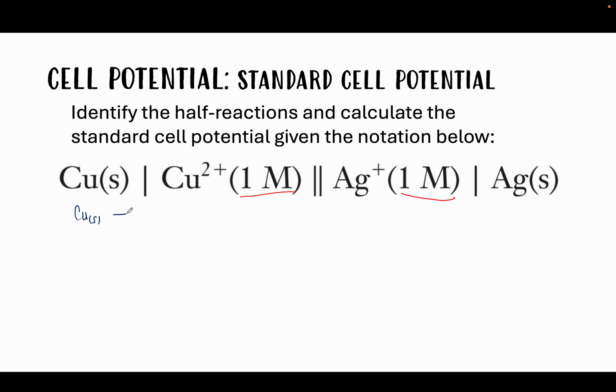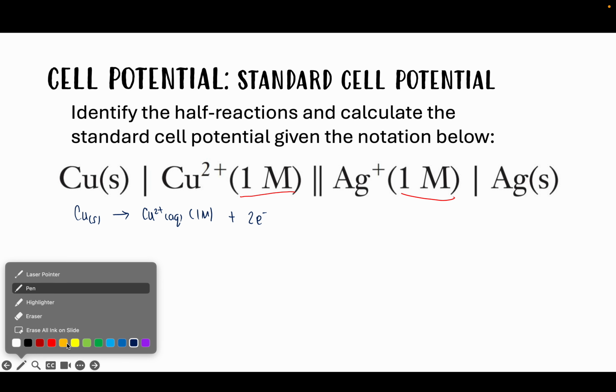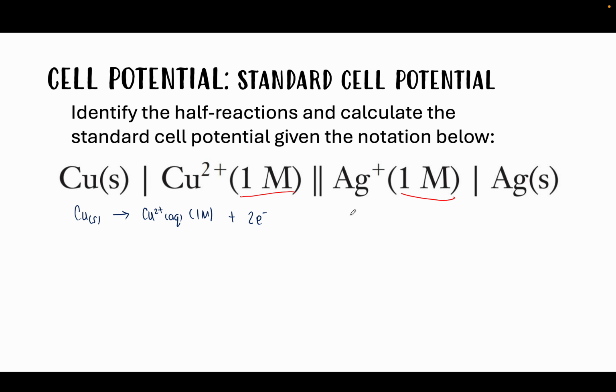So we have copper solid forming copper 2 plus, 1 molar, so we have a positive 2 charge here. So we'll be adding 2 electrons. Here at the cathode, initially we have silver ion with a charge of positive 1.